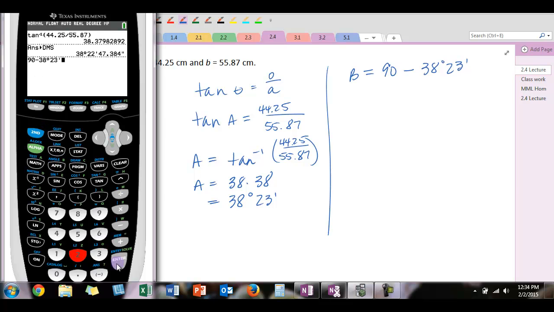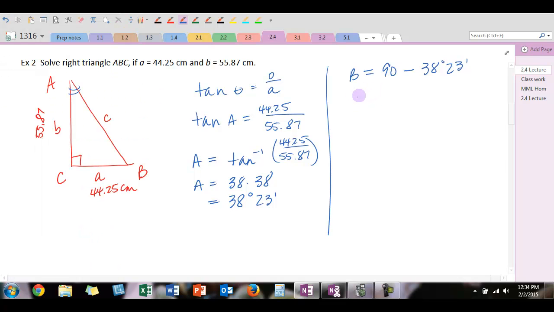And we see it's in decimal value here. I want to convert it. Number 4, 51 degrees, 37 minutes. So B would be 51 degrees, 37 minutes.